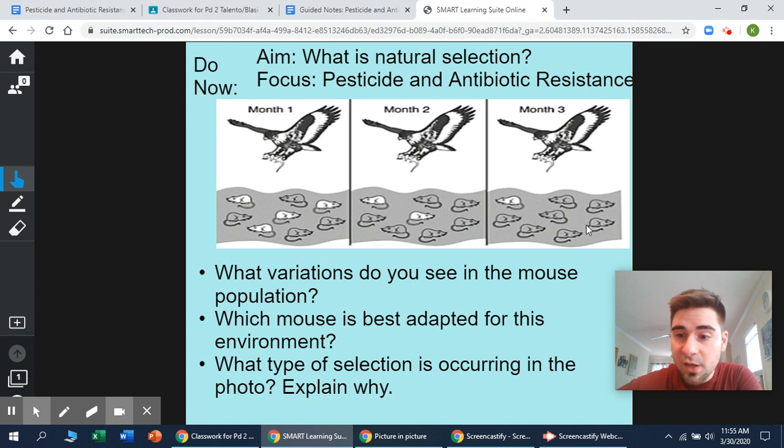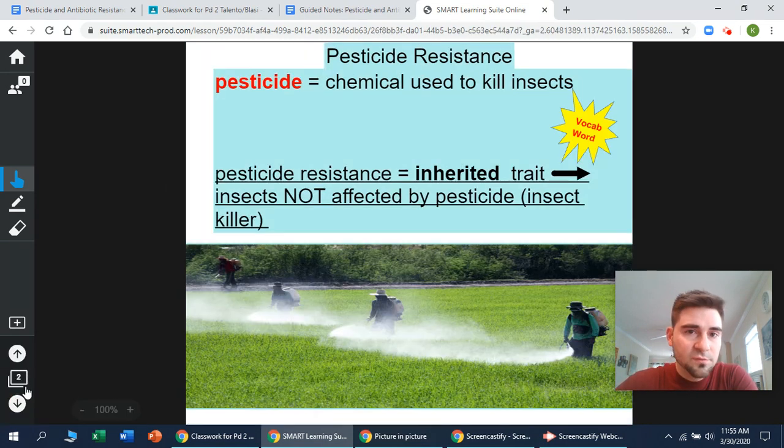So an adaptation here would be for the mice to be camouflaged. So the dark colored mice have evolved by natural selection. Okay, so just to recap again, natural selection is when, over time, the variations in a population change. One variation increases because it's better fit for the environment. Okay? All right, let's move forward here.